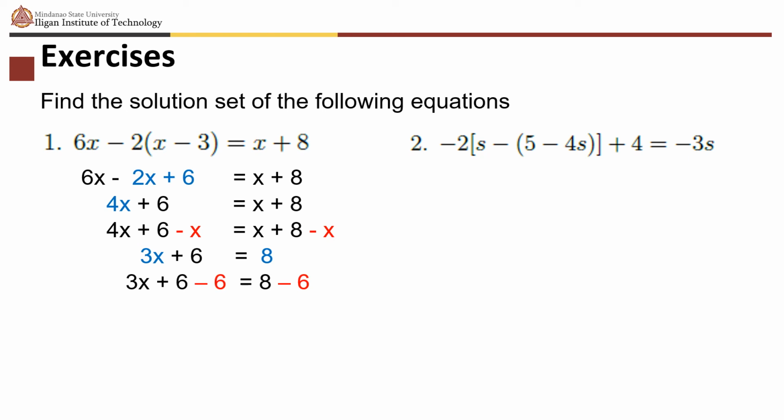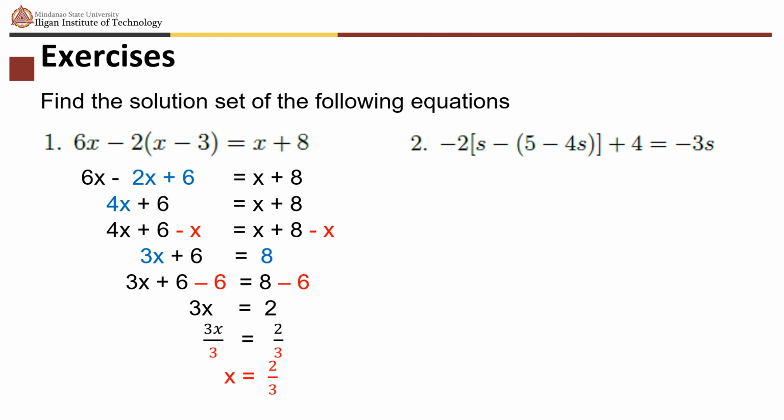We can subtract both sides by 6 to isolate our x variable. So you will have 3x equals 8 minus 6, which is equal to 2. And then divide both sides by 3 to come up now with x is equal to 2/3.